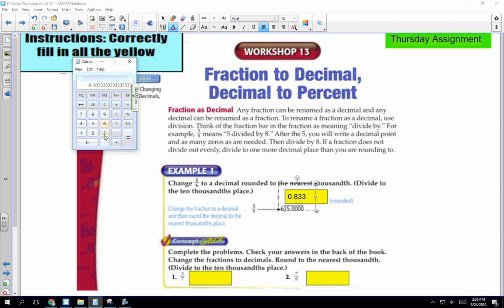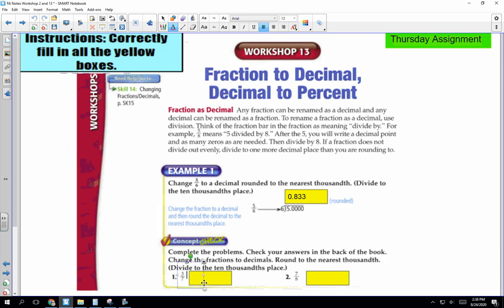Okay, so we're going to go 3 over 7. I know it's not fair that I can copy and paste this right on here. If you guys want to use this method, you can. So we're looking at the thousandths place.